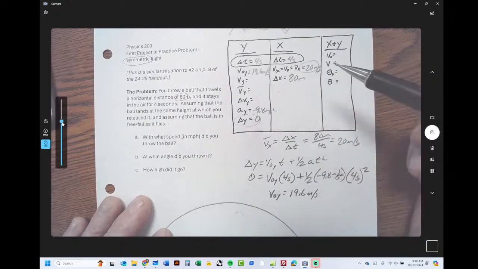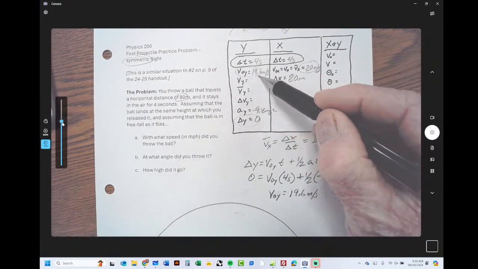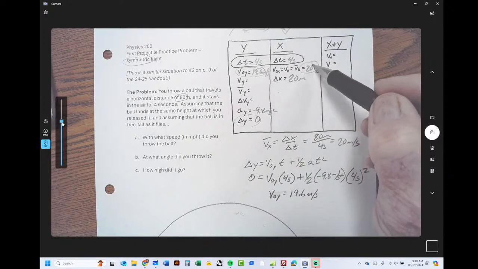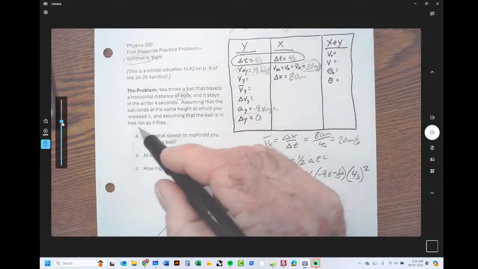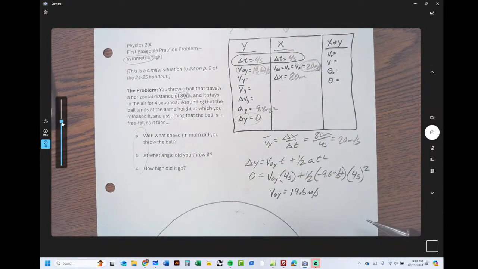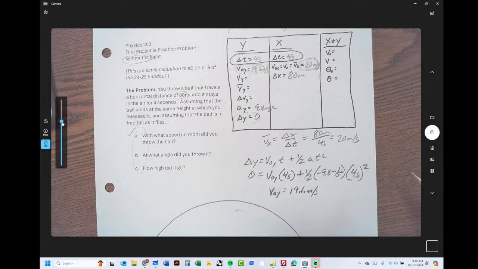So now we know V0y and we know V0x. What can we find of these three things? We could find the initial speed. What else can we find? Not yet.